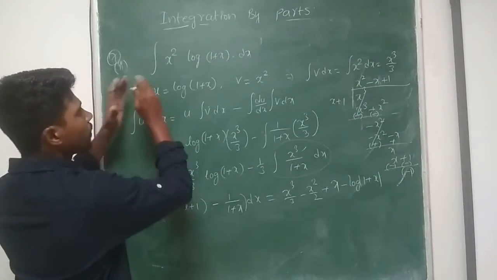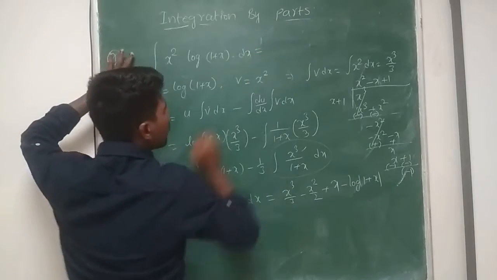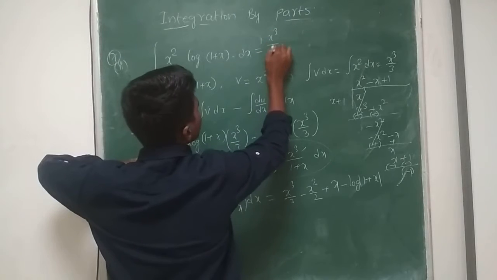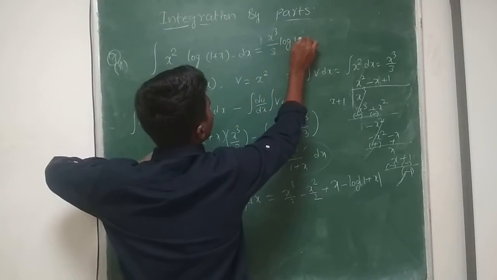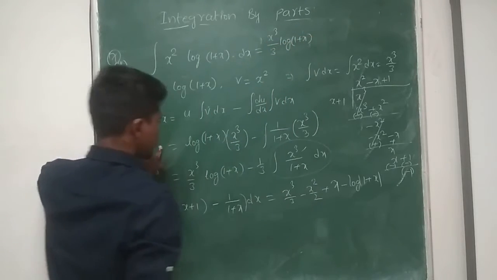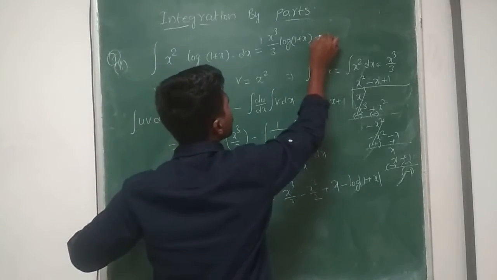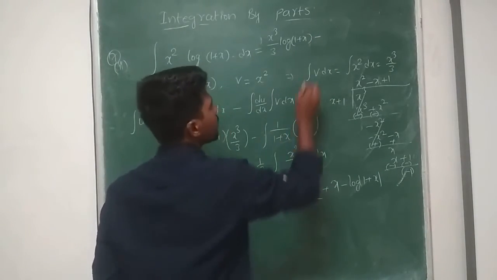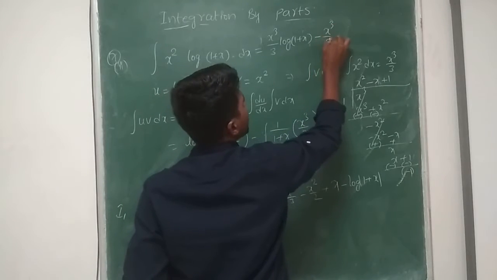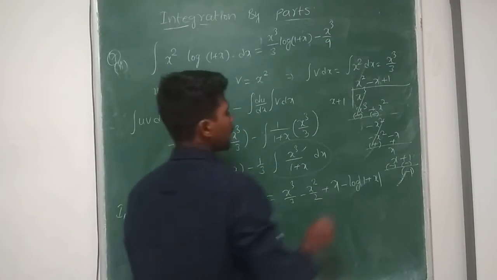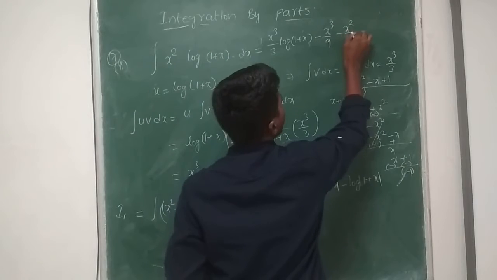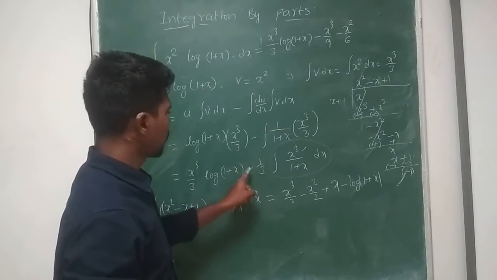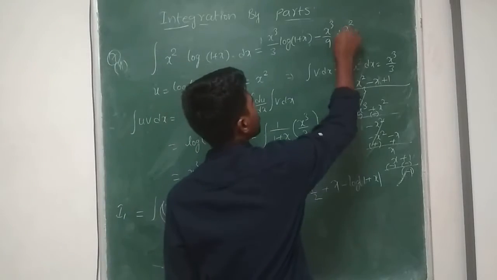So therefore the final answer is equal to x cube by 3 log 1 plus x minus 1 by 3 into I1. So 1 by 3 into x cube by 3 is x cube by 9, minus x square by 6, and minus into minus will be plus.